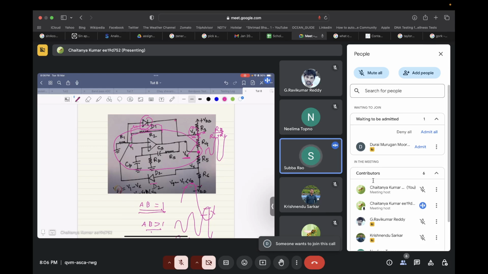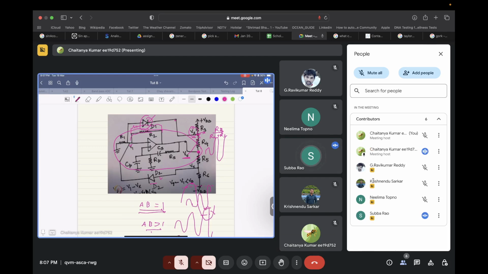If the magnitude of VO is lower than this threshold, neither D1 nor D2 will conduct, and our A beta will be greater than 1. That keeps increasing the magnitude till it reaches the desired output level of oscillation. Okay. Got it.